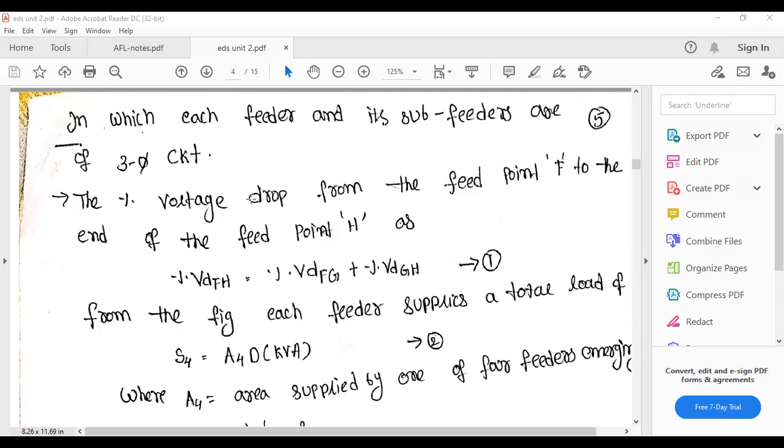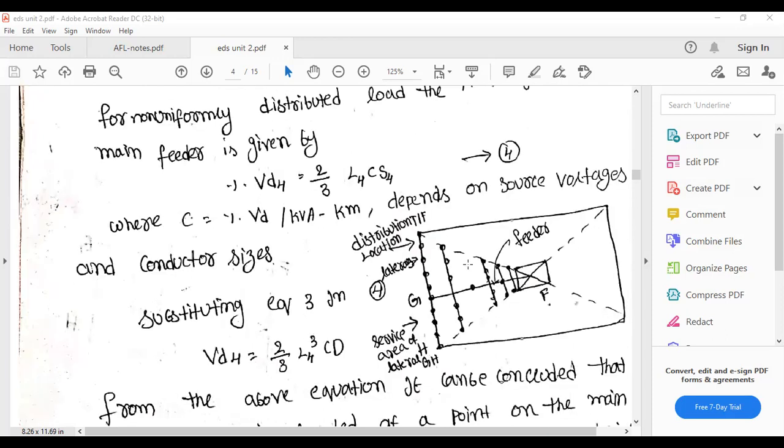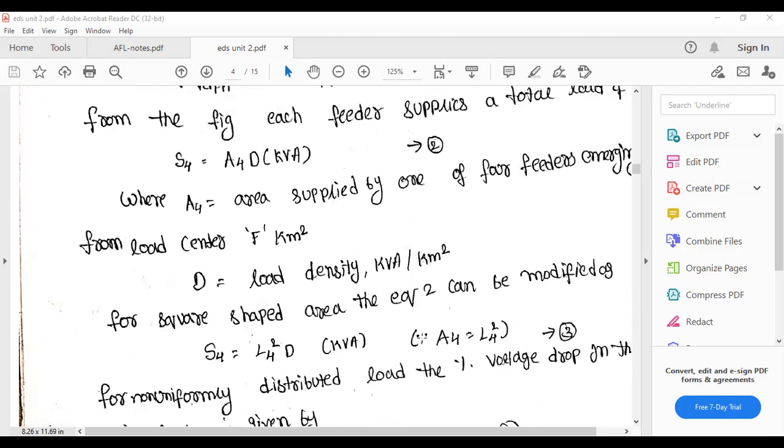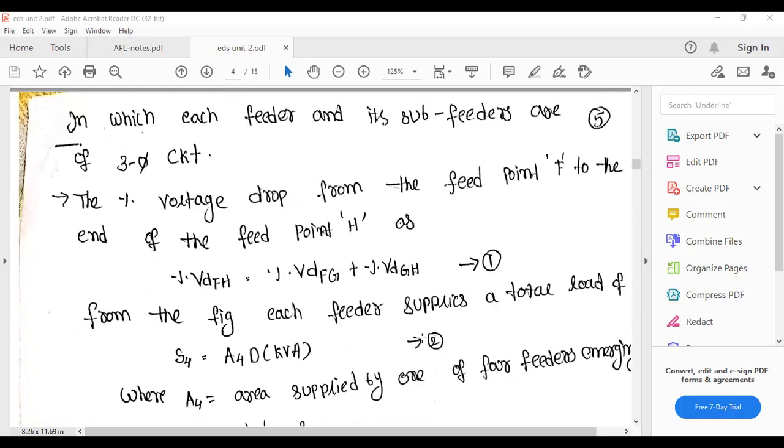Therefore, the percentage voltage drop from the feeder point F to the end of the feeder point H, that is the end of the feeder, is the voltage drop from the feeder point F to H.